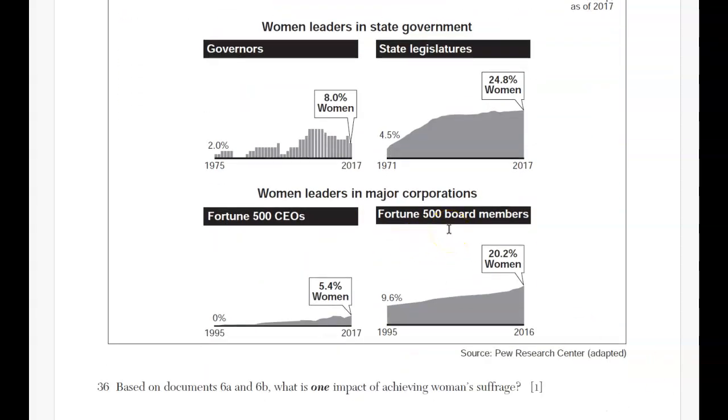Fortune 500 board members. So Fortune is a magazine, now an online magazine about business. The Fortune 500 are the 500 largest businesses in the United States. CEOs and board members, board of directors, that is, of these corporations, 5% of CEOs and 20% of the board.